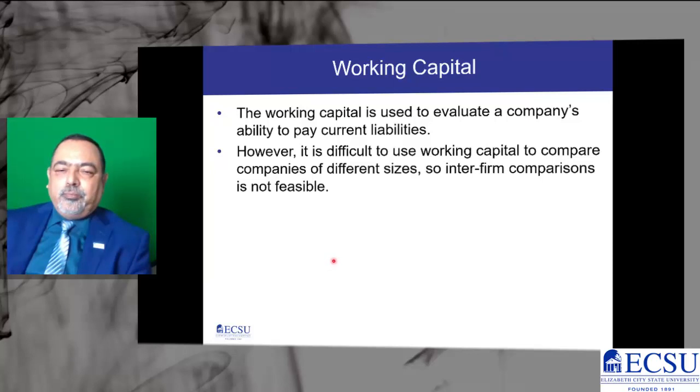Of course, we would definitely go for the smaller company with the higher amount of working capital. But if there are two comparably large companies with different numbers, you cannot say that the company with the higher amount of working capital is going to be more liquid, because it is just a relative figure. So that's why we actually prefer the current ratio rather than working capital.